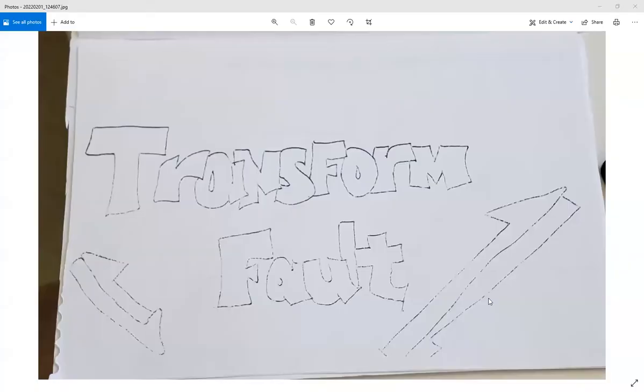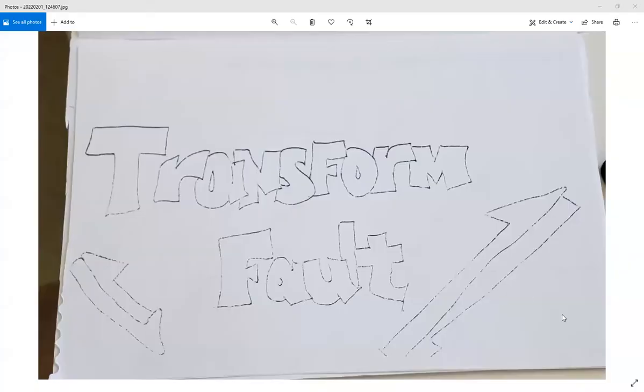Our next drawing, you're going to be on your 3rd section of this book, your 3rd and your last section. There, I found it. And so your last section of your tectonic flip book is going to be the transform fault boundaries. And here you go.